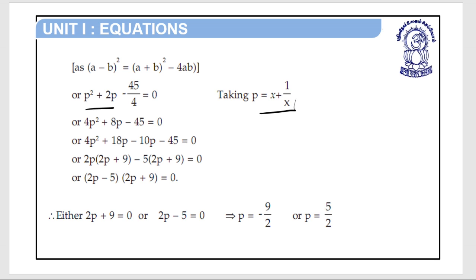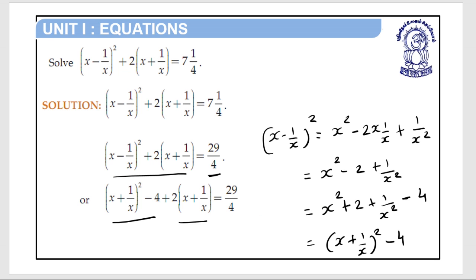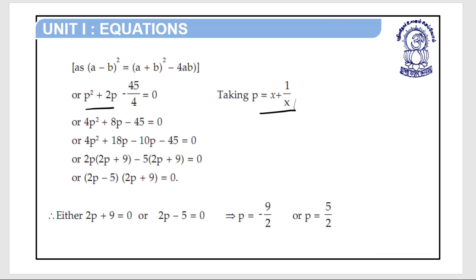So p square plus 2p minus 4 is equal to 29 by 4. Here p square plus 2p is equal to 29 by 4 plus 4. 4 fours are 16. So 29 plus 16 by 4. So here we get p square plus 2p minus 45 by 4 is equal to 0.